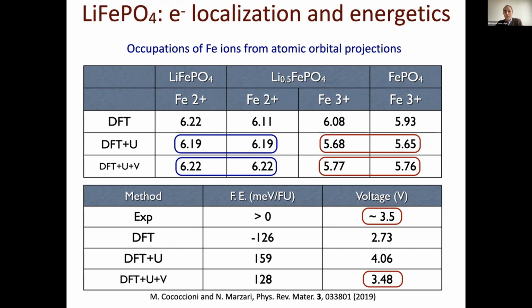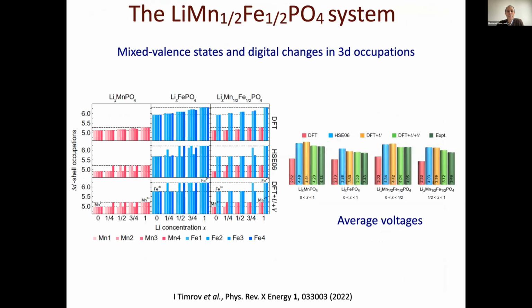So it's a nice extension in the sense that it never worsens the prediction of the +U approximation, and occasionally does better. This is a more difficult case we studied more recently in this paper that just came out, and it shows, as Nicola was also mentioning yesterday, this digital shift in the valence states of iron and manganese.